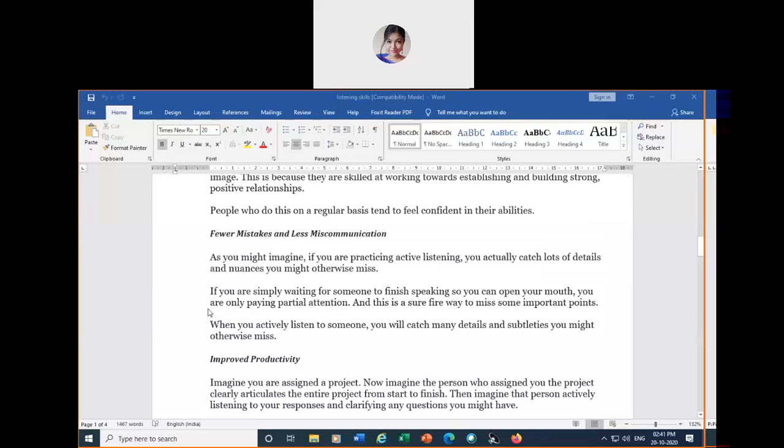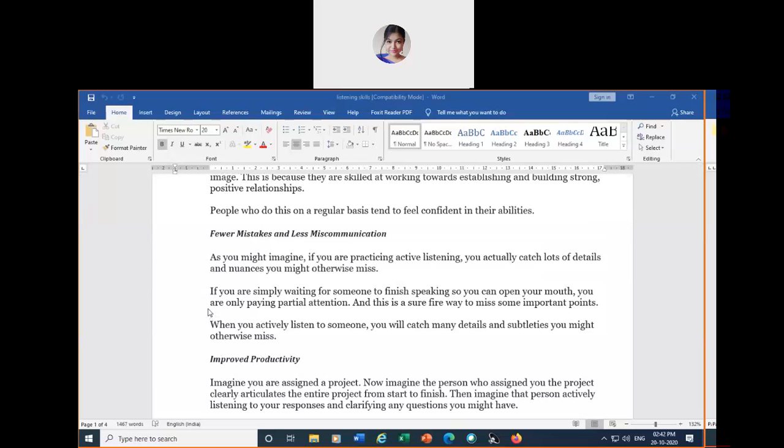The next point is fewer mistakes and less miscommunication. If you are a good listener, then you won't make a lot of mistakes and there won't be miscommunication. If you do not listen, you'll make a lot of mistakes and there'll be a lot of miscommunication.